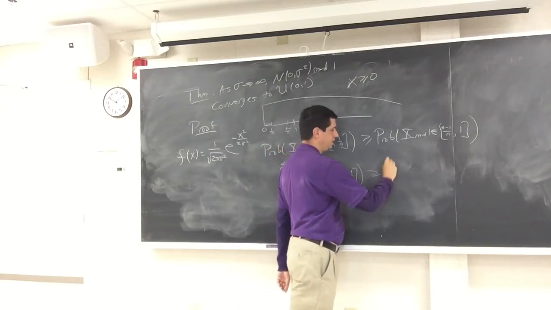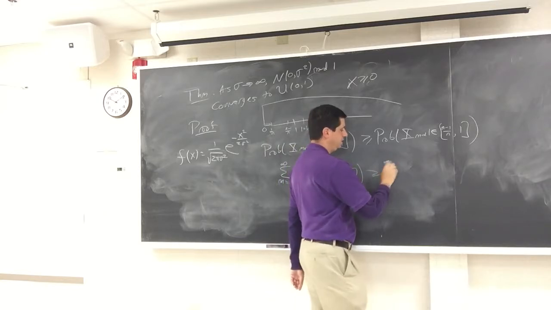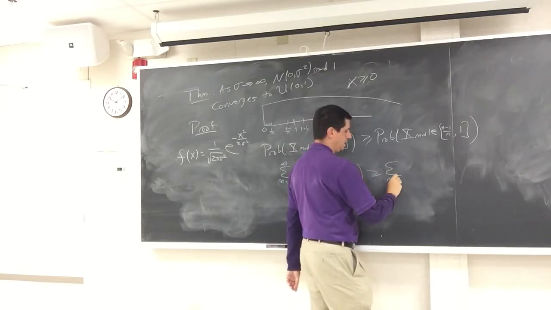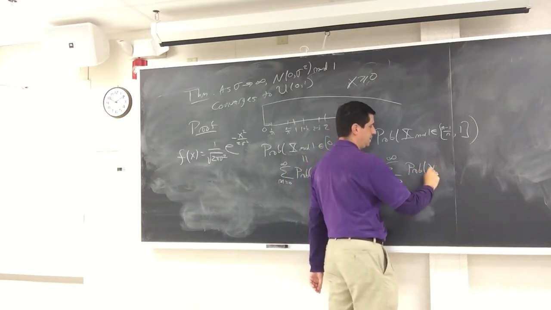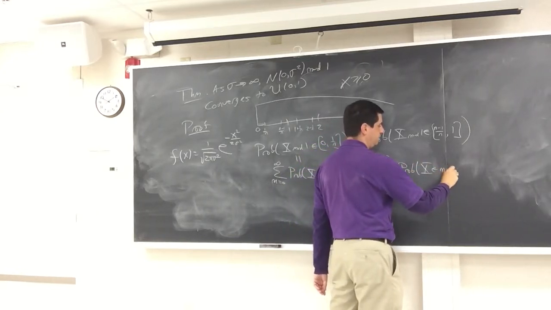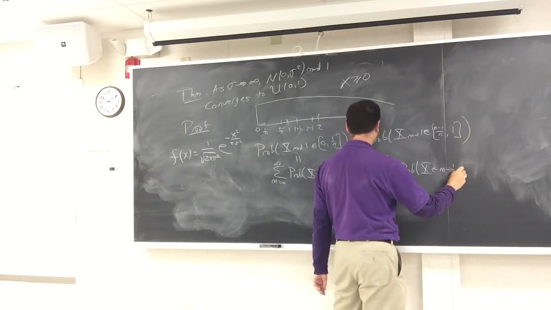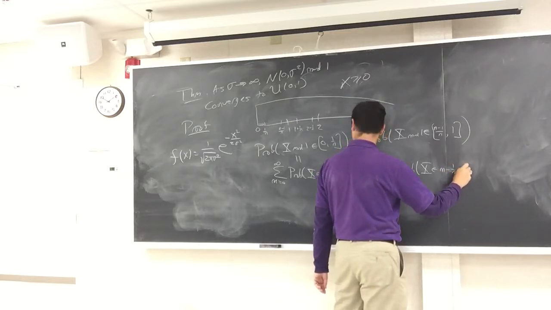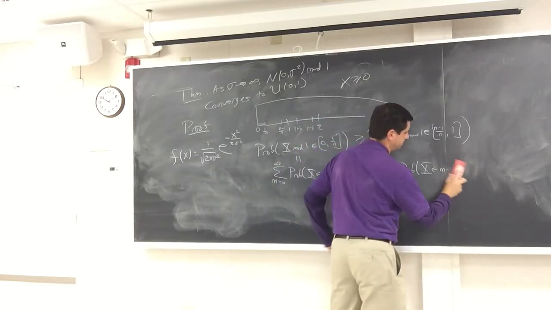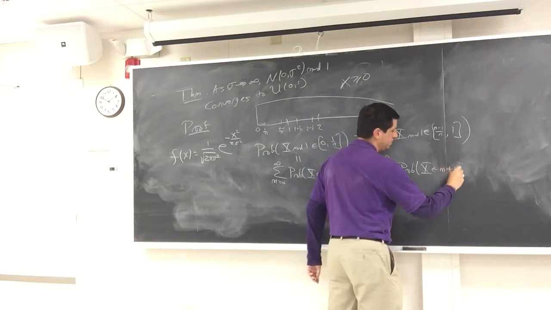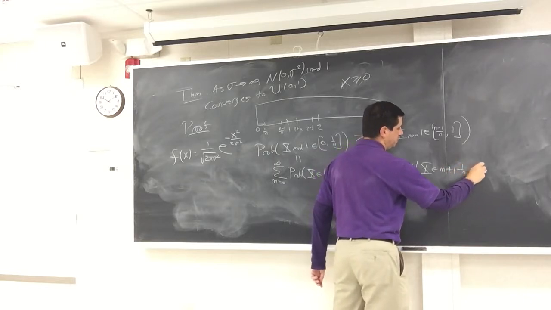And this over here would be the sum, m goes from 0 to infinity, of the probability that x is in m minus 1 over n, m. Or I guess I want to do m plus 1. m plus 1 minus 1 over n, m plus 1.